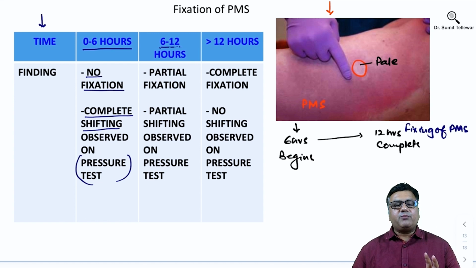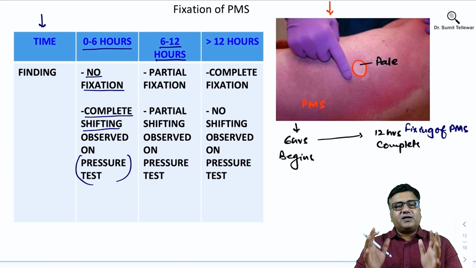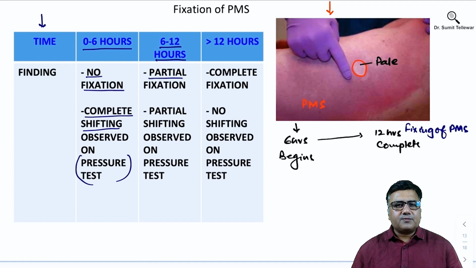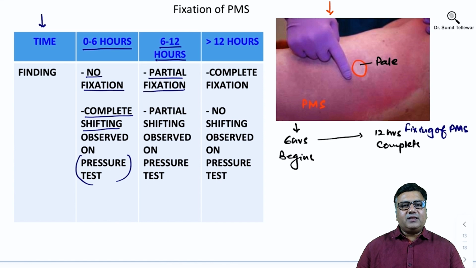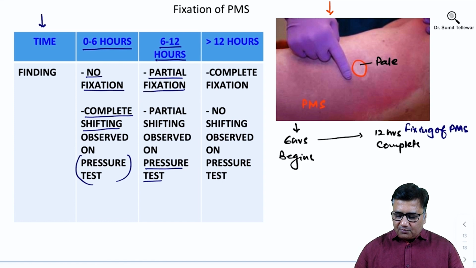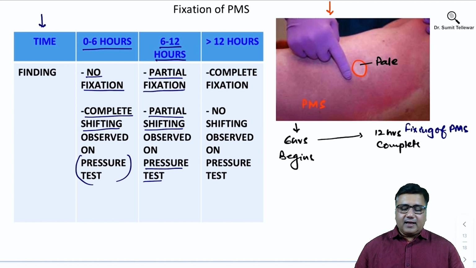What will happen between 6 to 12 hours? That is the time when the post-mortem staining fixing has begun but is not yet completed. So we can observe partial fixation. As a result, when the pressure test is done on this body, we will observe partial shifting only, not complete shifting. And what will be seen in greater than 12 hours?